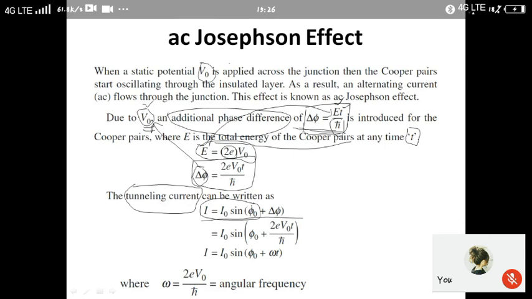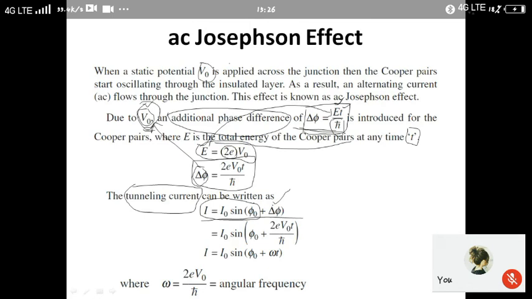But in addition to that, due to the application of the additional voltage V naught, we are getting an additional phase difference of delta phi. So in this case, the total phase difference becomes phi naught plus delta phi. Therefore, the corresponding expression is I equals I naught sin of phi naught plus delta phi.